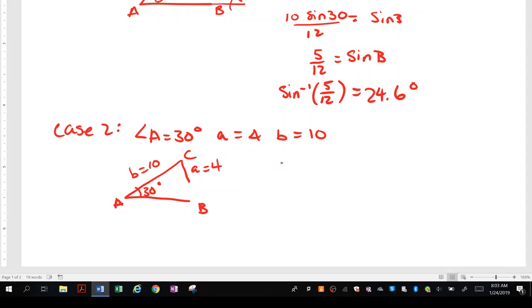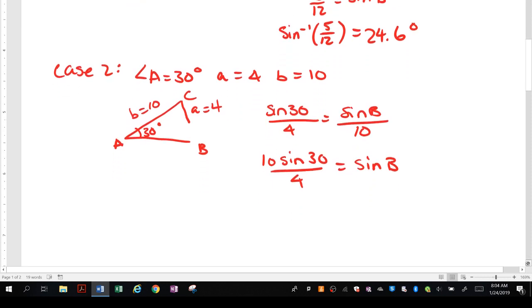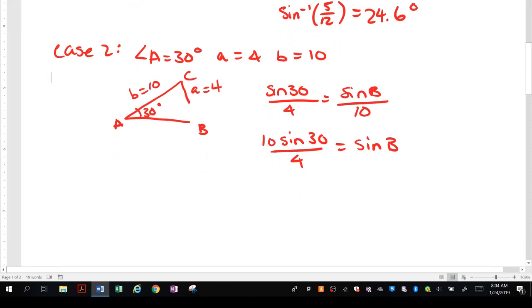So again, we know that sine 30 over 4 is equal to sine B over 10. So 10 sine 30 over 4 is equal to sine B. Now, if you calculate this out, sine B is equal to 1.25.